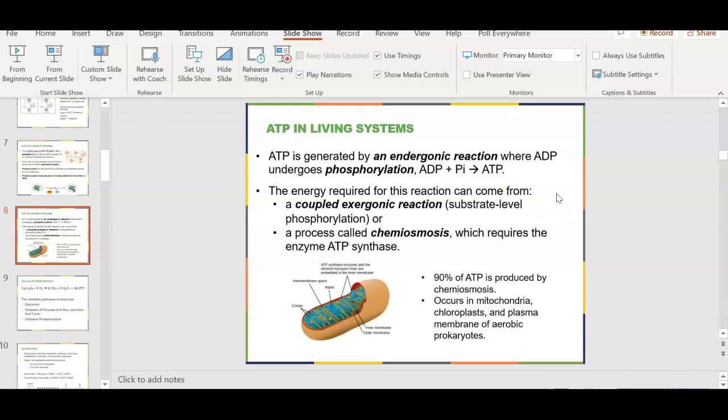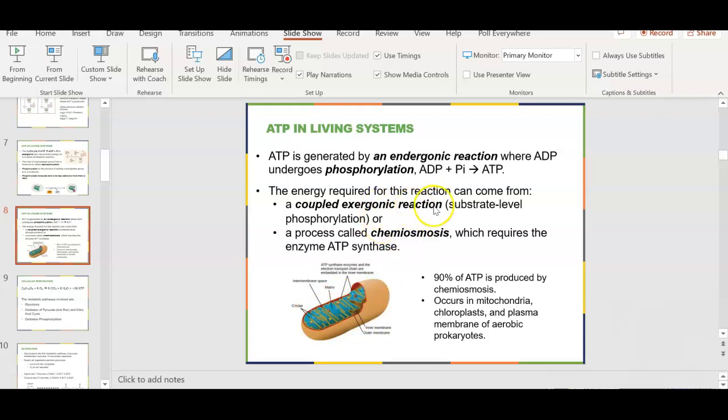The other way it can happen is by a process called chemiosmosis. You notice the chemical part here, and you understand what osmosis is. These are two ways that ATP can be made. Most of it is formed by chemiosmosis, and that happens in the mitochondria, the powerhouse of the cell.